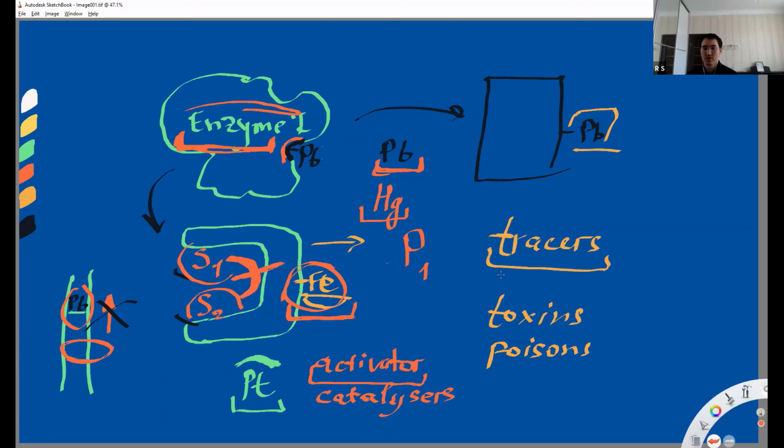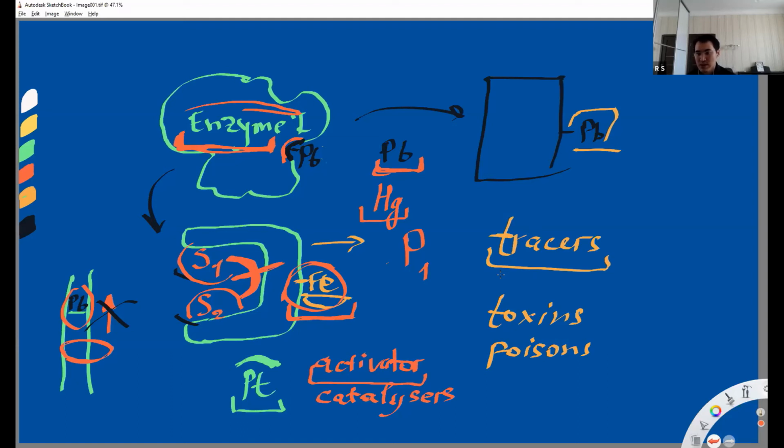It depends on the enzyme and on the element. It also depends on the organism. So for some species, for example, iron can be a poison. But for mammals and for most of the eukaryotes, that could be our relatives, we can assume that there are the same poisons for all of these species.